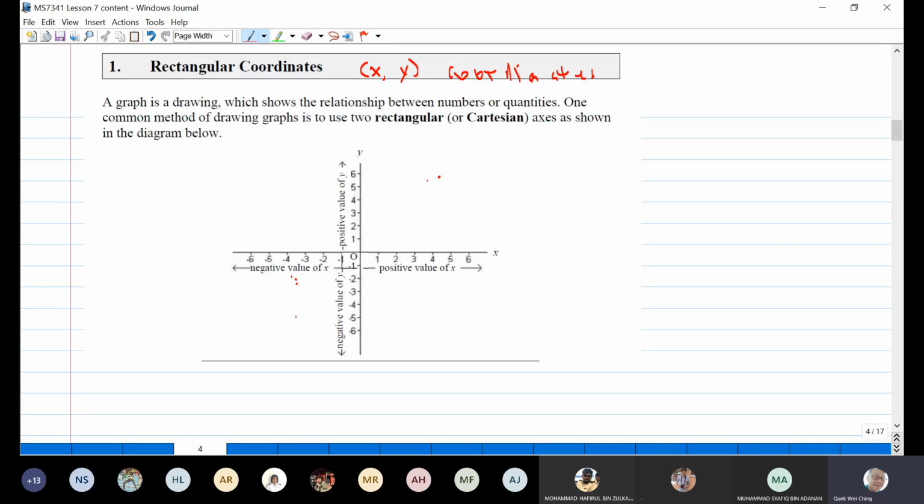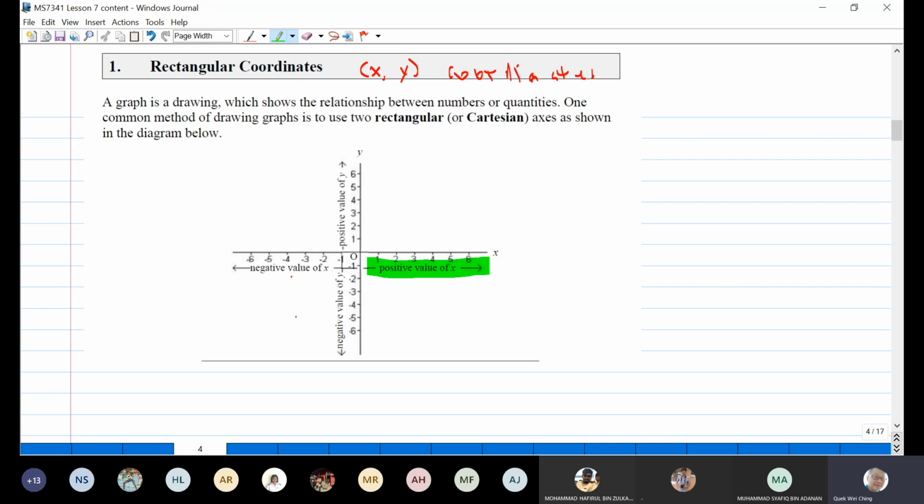So we start with rectangular coordinate. Okay, what does it mean, rectangular coordinate? It's actually an XY coordinate. So you have a graph paper. The graph paper tells you what the X value or Y value is. Let's see that I have this graph paper here. On the right hand side, your X is positive.